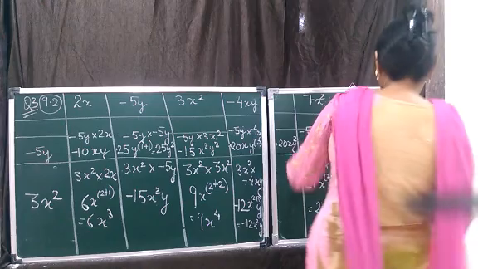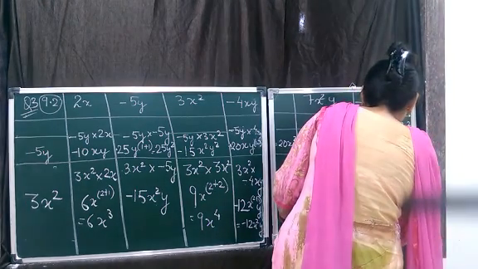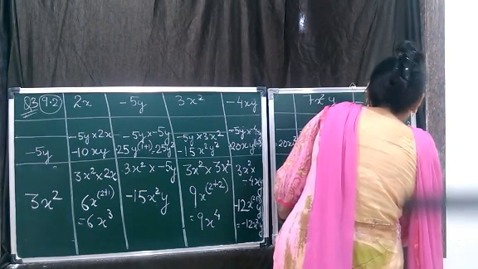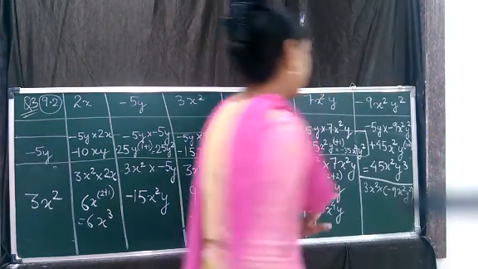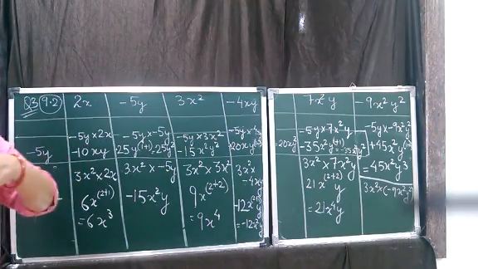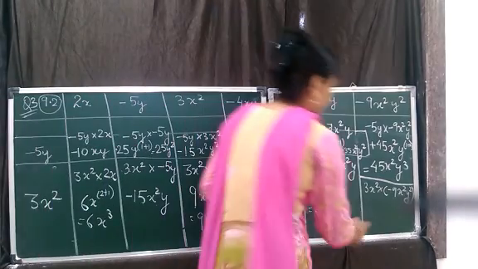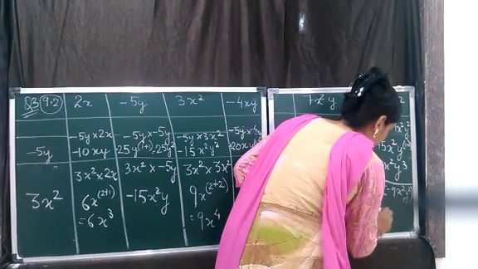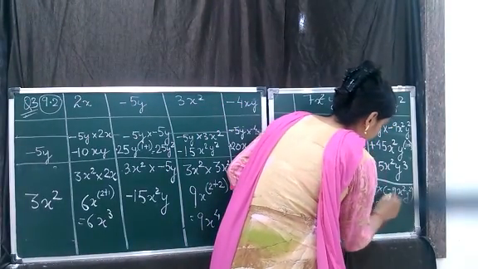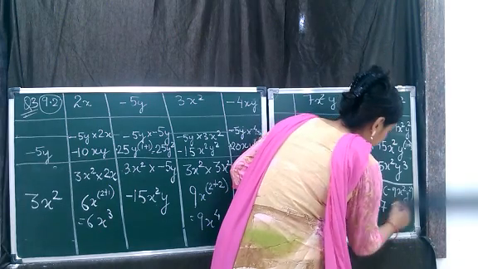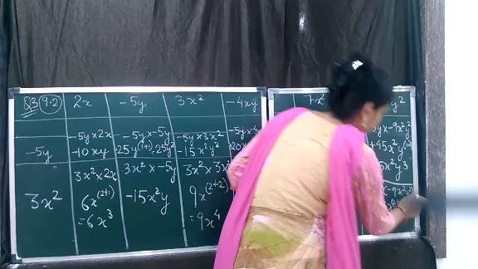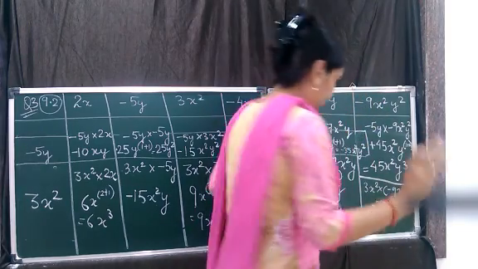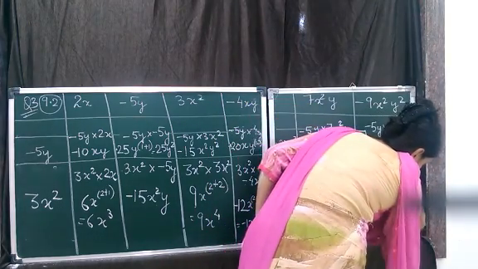Then 3x square into minus 9x square y square. So 3 9s will give us 27, children. And plus into minus is minus. Again x power will be added, and y is not common, so y will be written as it is, y squared.